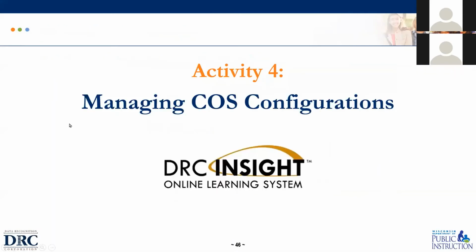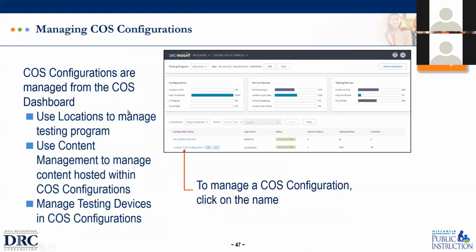The last activity we want to walk through is managing a COS configuration. So now that they're built, how do I, again, manage them as your environment changes? So I'm going to walk through just a couple examples that we get pretty frequently. One is, how do I manage testing programs? Because again, now you can manage multiple testing programs on these COS service devices.